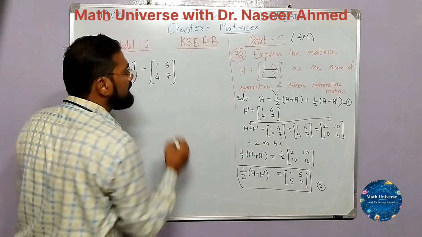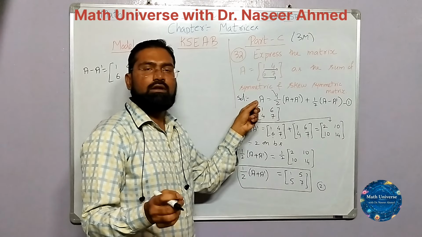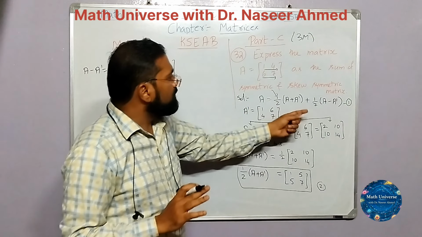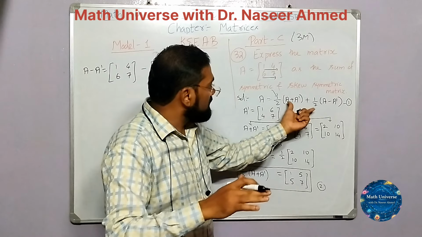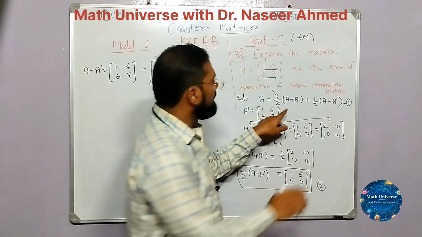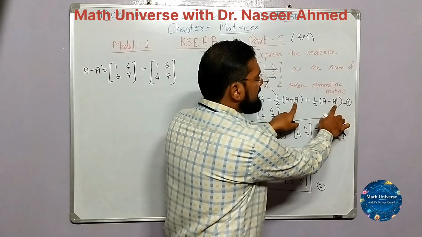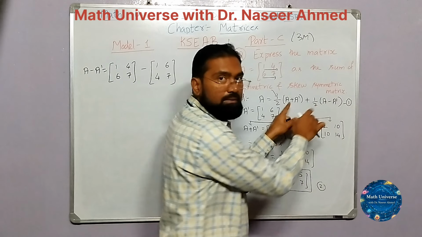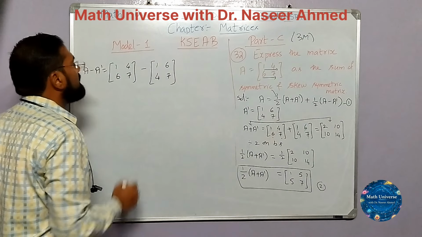Again I am stressing that this formula we have seen in our concept of matrices, and you can just see here how to get this, and how we can justify that this is equal to matrix A. Half we can take common out, then A transpose minus A transpose will get cancelled. A plus A will be 2A, 2A by 2 will be A itself. And now it is performed.